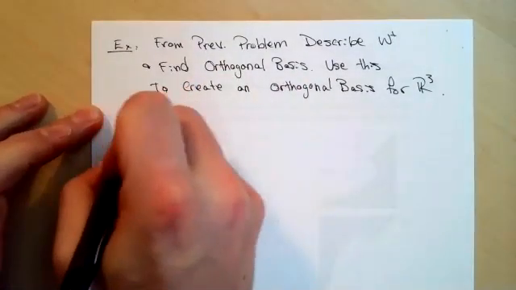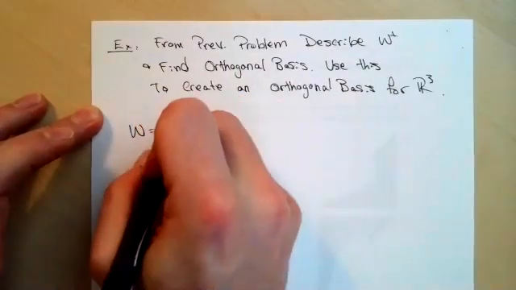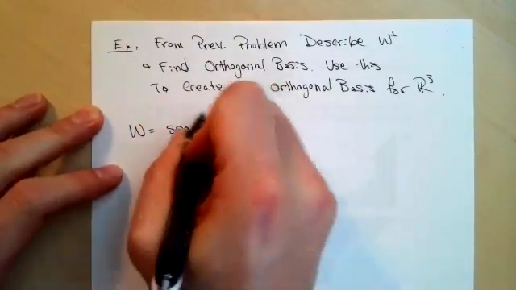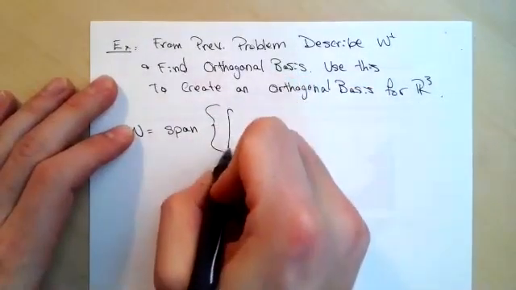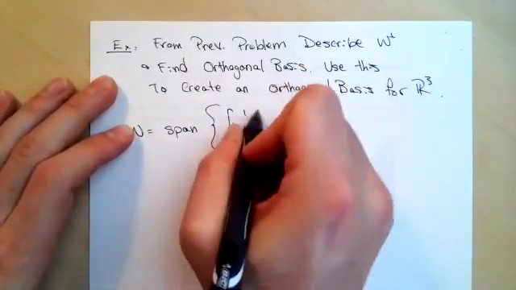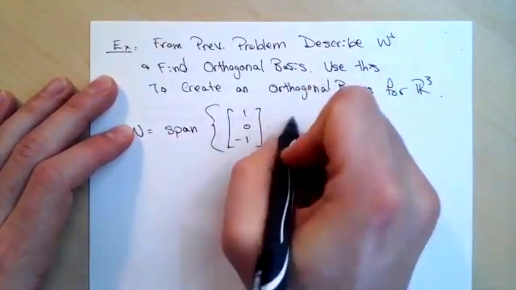I know that W, we already found, was the span of (1, 0, -1) and (1, 1, 1).